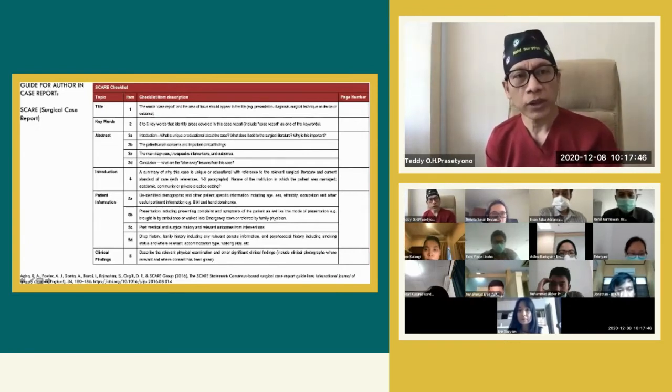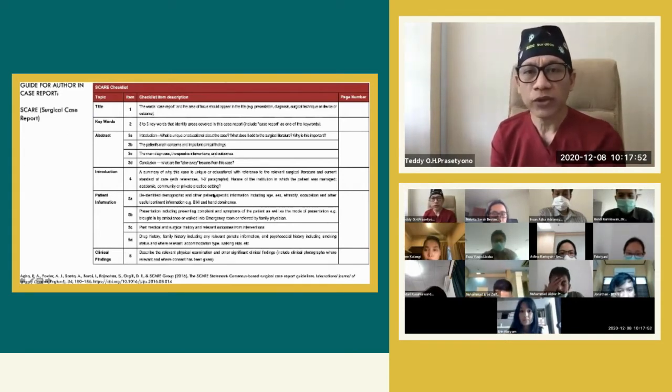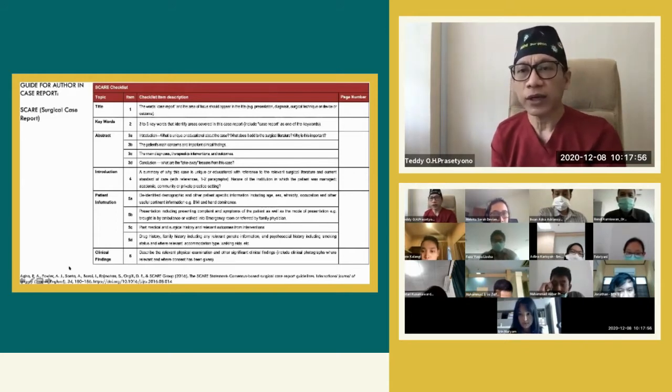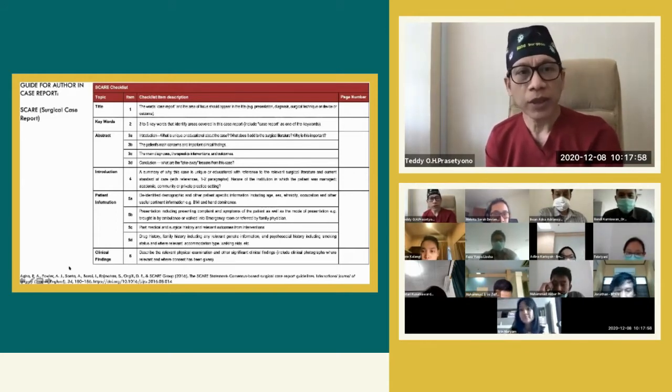So besides going into the detail, you also point out the aspects where it becomes very specific for surgery cases, so that your peers would identify and learn something better.